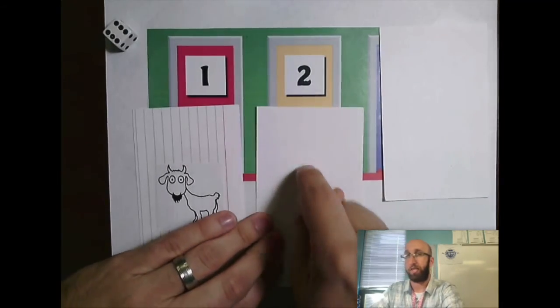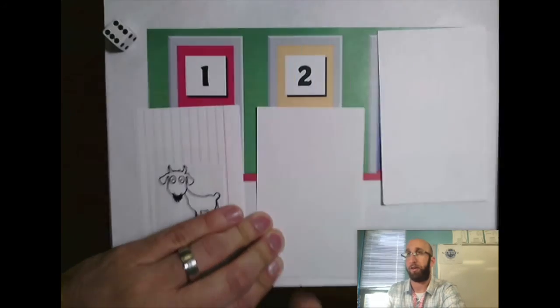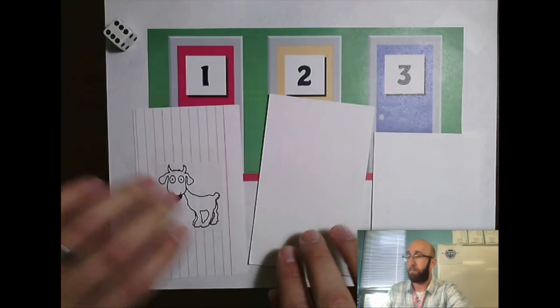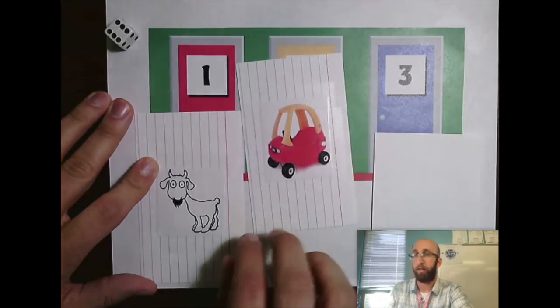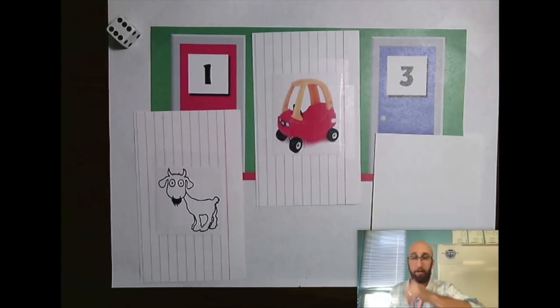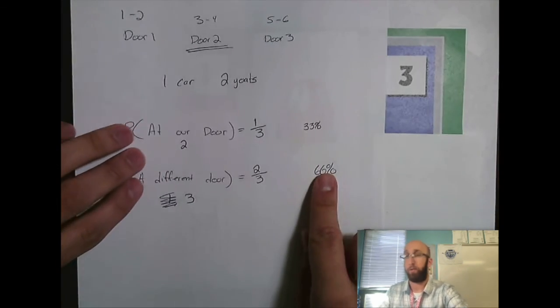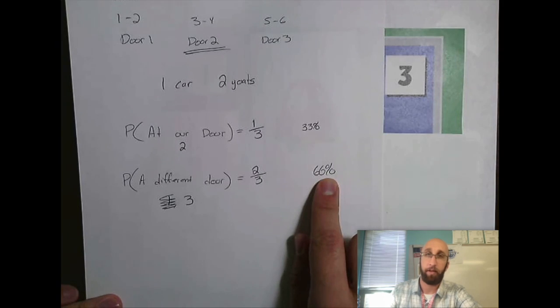So there's a 66% chance it's here, there's a 33% chance there. I'm going to use probability to my advantage, say I would like to switch, Monty, and voila, there's the car. So if you switch doors, you should win 66% of the time.